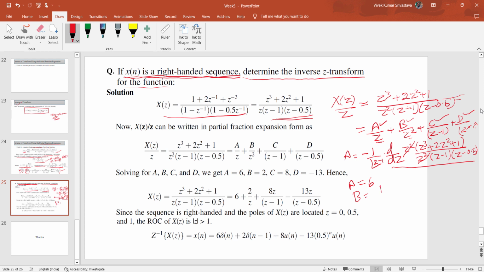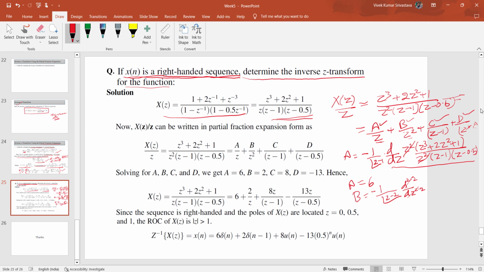Similarly you can find b. For that this will be equal to 1 over (2 minus 2)! d by dz to the power 2 minus 2. This differentiation term will cancel because 2 minus 2 will be 0.